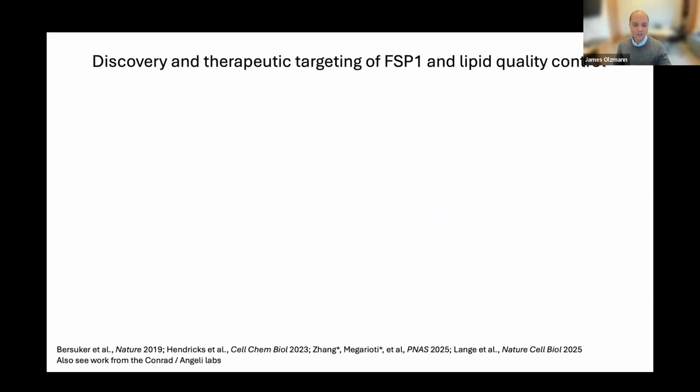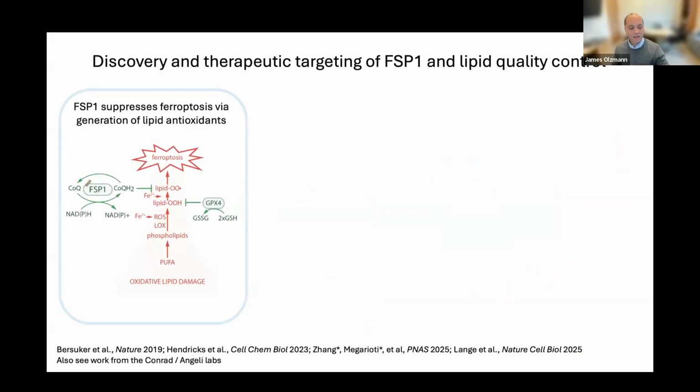Okay, so in this first portion, I told you about our discovery and some of the progress towards therapeutic targeting of FSP1 and lipid quality control. Specifically, I told you how we used genetic screens leading to the identification of FSP1. We've identified a mechanism in which FSP1 is able to recycle radical trapping lipophilic antioxidants like CoQ.